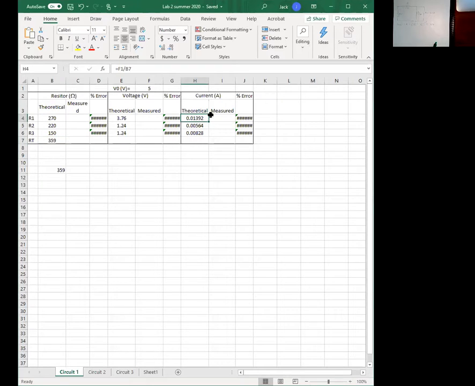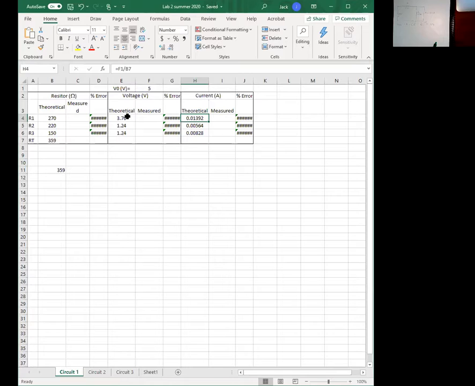So our current we'll calculate simply by saying equals 5 divided by the total resistance. So there is my voltage, my current coming out of the source, before there's any drops or anything.